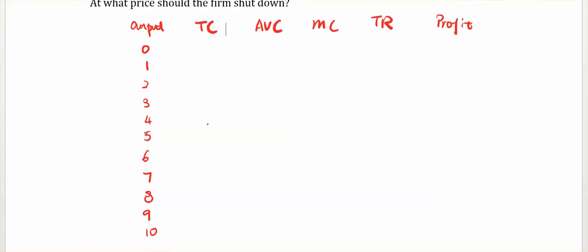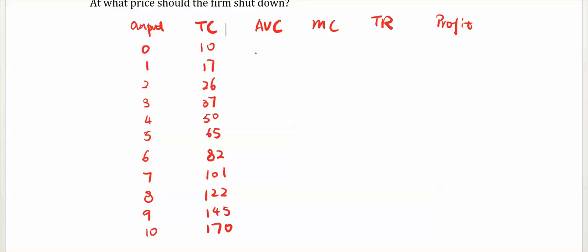So when we have 0 output, total cost equals 10, 17, 26, 37, 50, 65, 82, 101, 122, 145, 170.